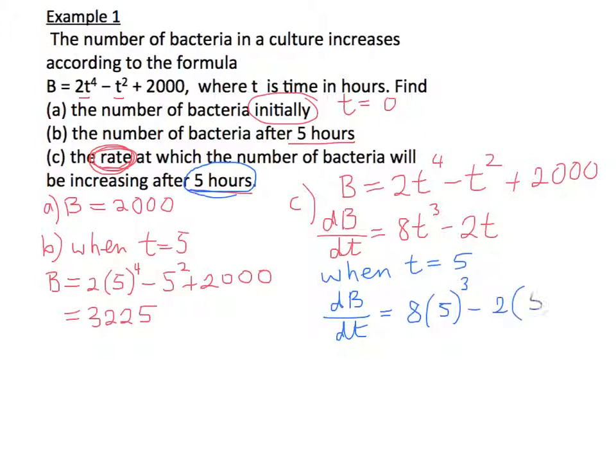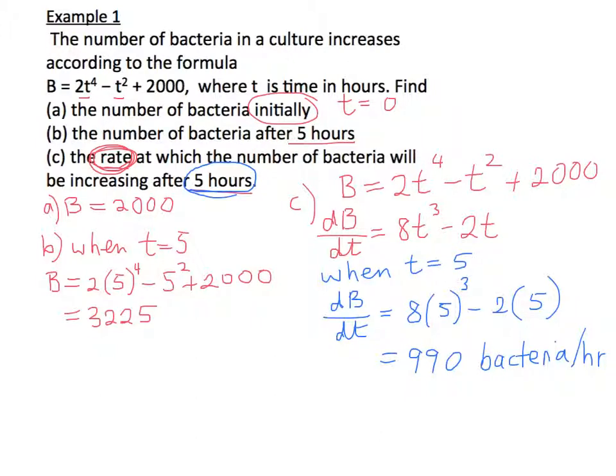Substituting 5 for t, you get 990, and the units are bacteria per hour. So at 5 hours, the number of bacteria is increasing at the rate of 990 bacteria per hour.